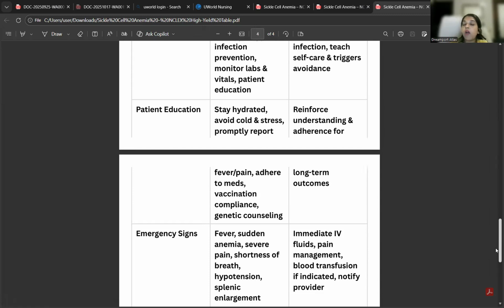So our focus of the management is to assess and manage the pain, administer IV fluids immediately, and administer blood transfusion if it is indicated. If the Hb level is too low, the client can undergo blood transfusion, and we need to notify the provider. So this is an overall theory about sickle cell anemia.